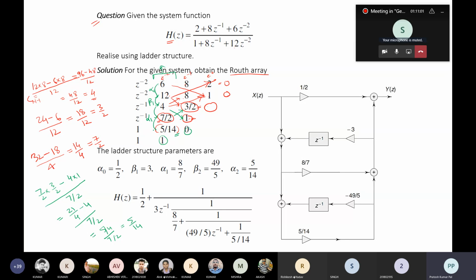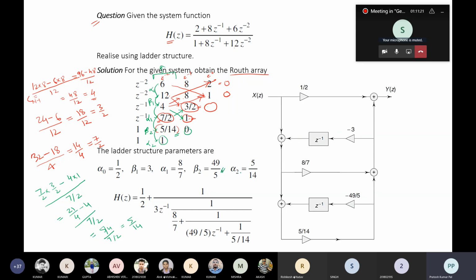value. And similarly, we will be dividing this one, that will be our beta 2 value. So beta 2 value will be 7 by 2 divided by 5 by 14, so that is coming out to be 49 by 5. And similarly, the next value alpha 2 will be there, so alpha 2 will be 5 by 14 divided by 1, that is 5 by 14.